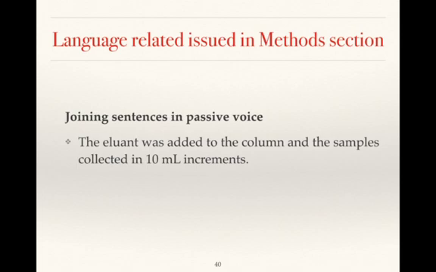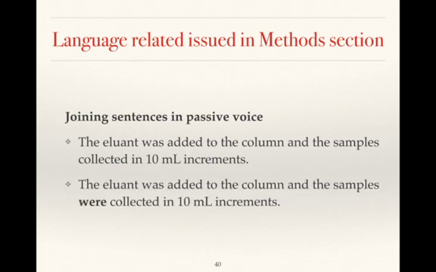When you read this sentence, you might think that there's nothing wrong with it, but actually what is wrong with it is that the passive voice needs to be repeated properly in both parts of the sentence, and the verb to be shouldn't be excluded, especially when the subject, the samples, is different from the first subject, the eluent.